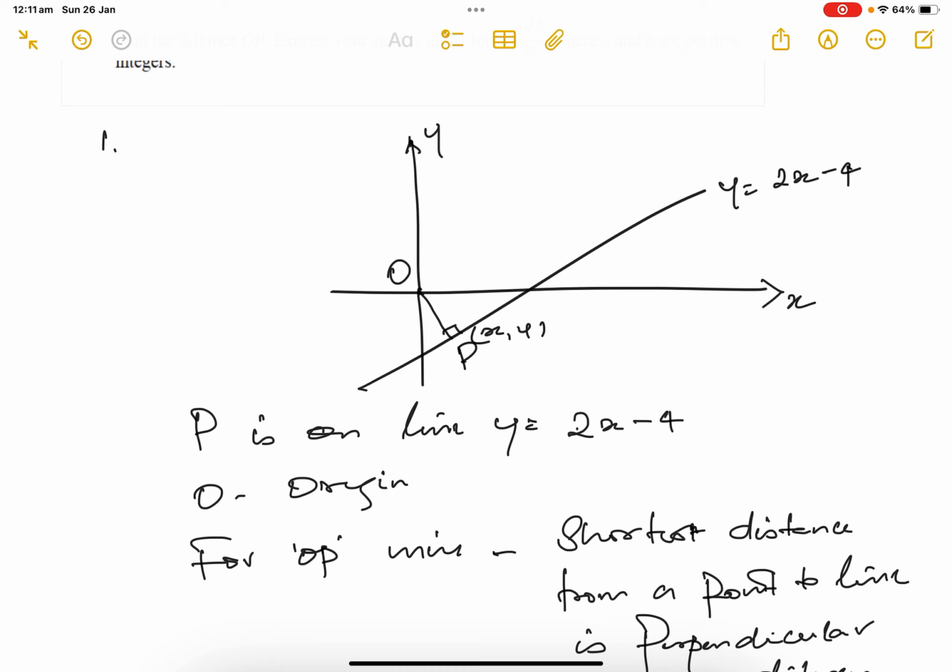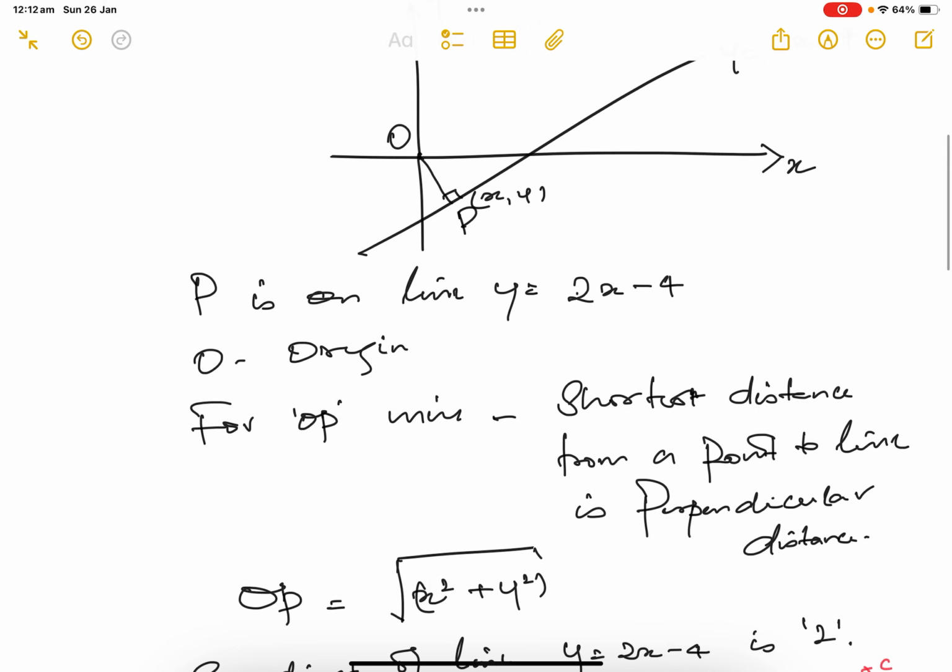Normally, a distance from a point to a line must be a perpendicular distance. So the perpendicular distance will be the shortest distance from a point to a line. So P is on the line y equals 2x minus 4, and O is the origin.